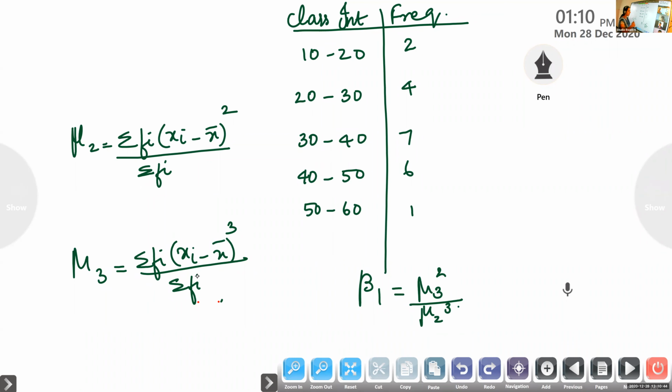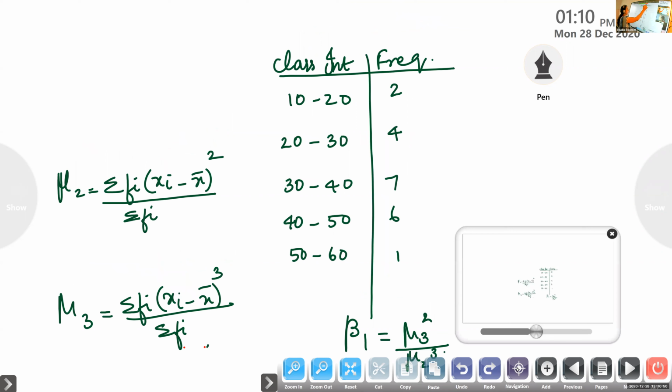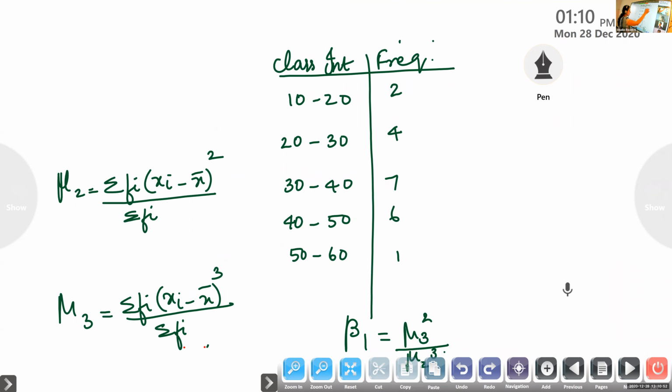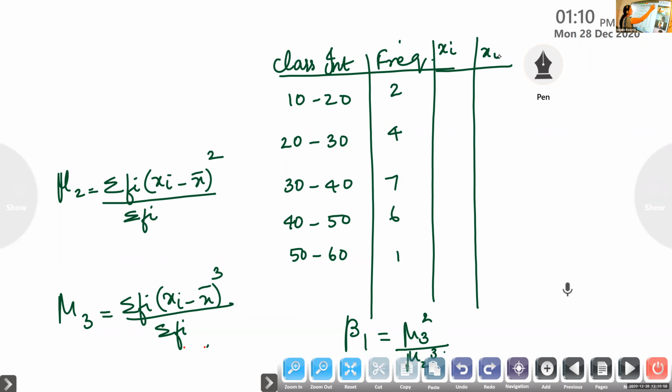So first we want to find x bar. How will you find x bar? Fi is given, so first we have to find xi, then xi into fi. What is xi? Class mark. Class mark is upper limit plus lower limit by 2.